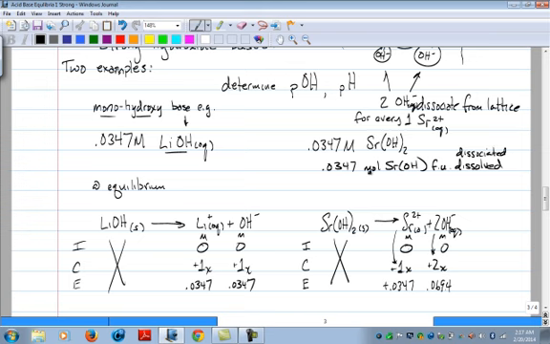And that is per liter of solution formed. And the same situation with 0.0347 molar lithium hydroxide, it's again 0.0347 moles of lithium hydroxide formula units dissolved per liter of solution formed.